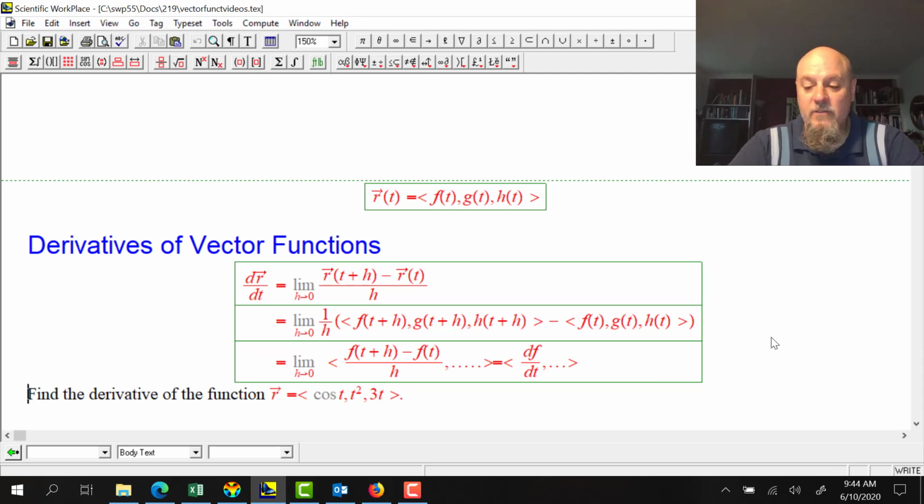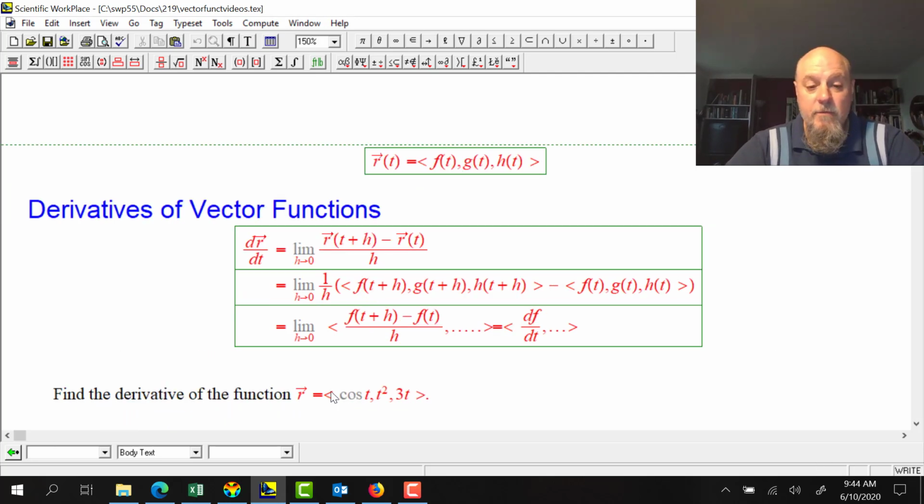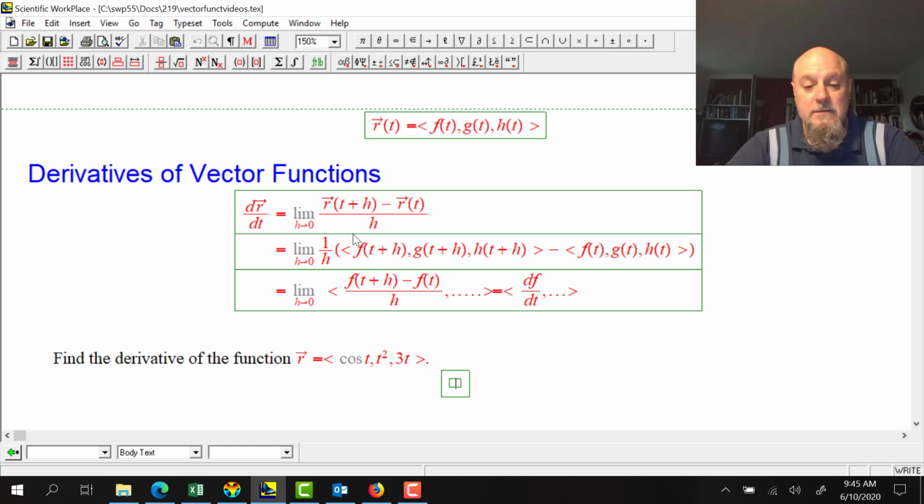So let's see this in an example here. Find the derivative of the function. So here's a vector function, and if I want the derivative, I'm going to write it like this. I could write it as r prime, but to be a bit more clear, I'm going to write it as the derivative of the function with that vector with respect to t.